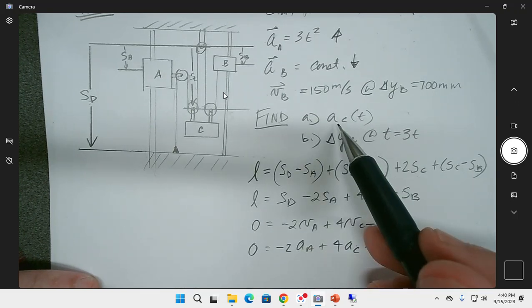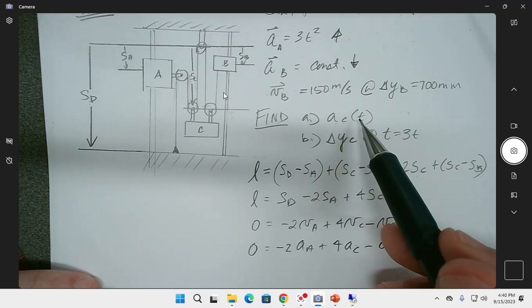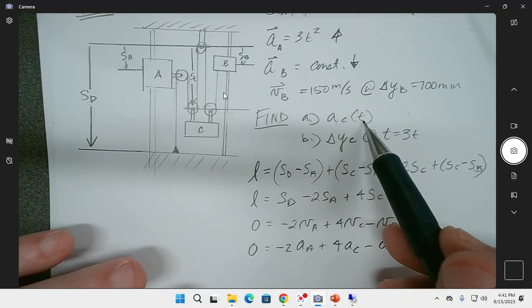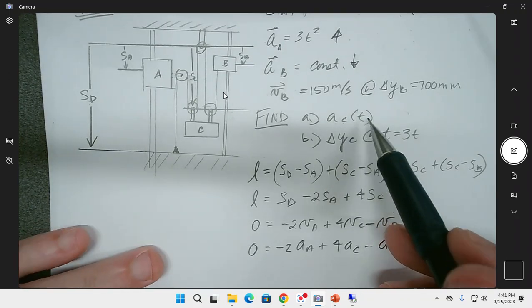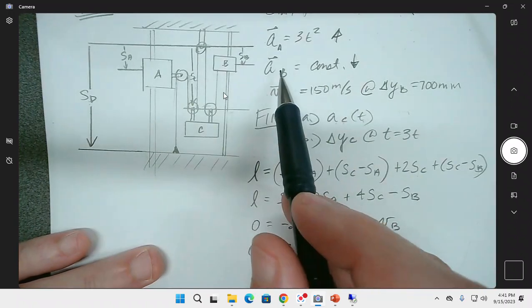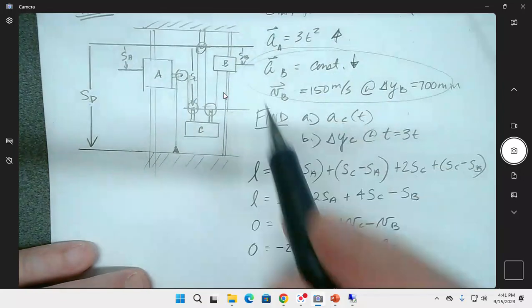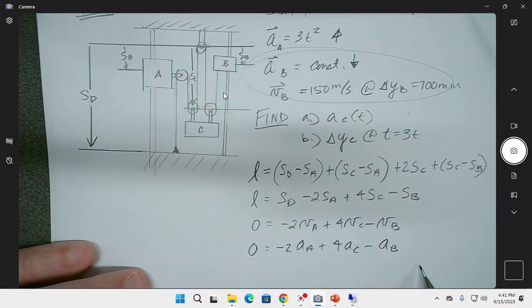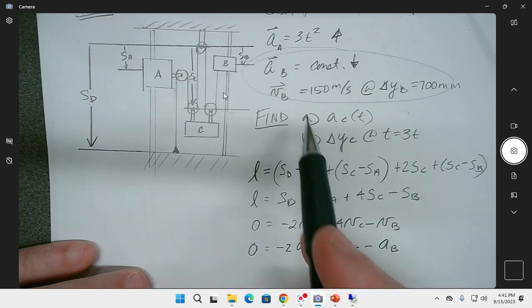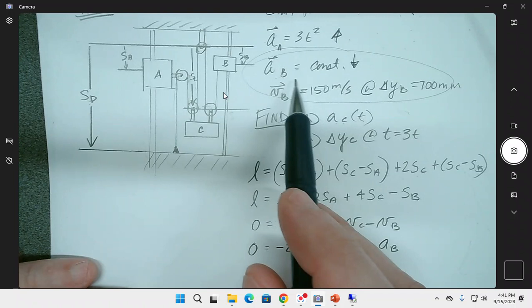Our first goal is to get the acceleration as a function of time. That's interesting. But we don't know the acceleration of... Oh, no, we were able to find the acceleration of... I forgot. They gave us enough information to get the acceleration of B. Once again, this is a problem with a lot of words in it, so you have to read those words carefully, and you could see that you have an opportunity.